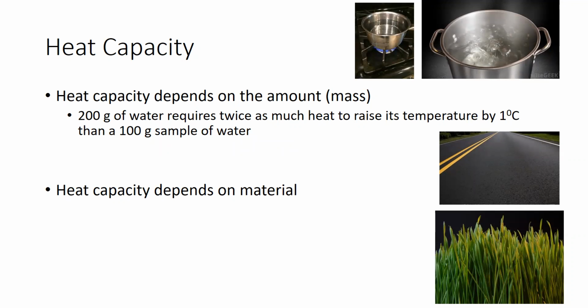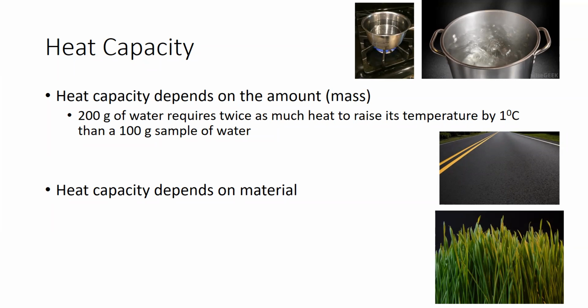And heat capacity depends on mass, because it takes a lot more energy to raise the temperature of the ocean by 1 degree than it does the water in your bathtub. So that's why we're saying it's dependent on amount. The more it is, the more energy you need.